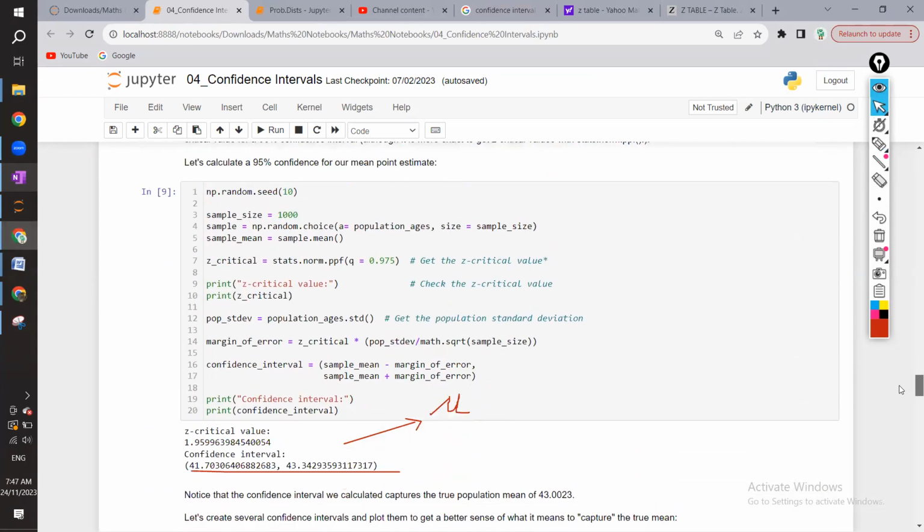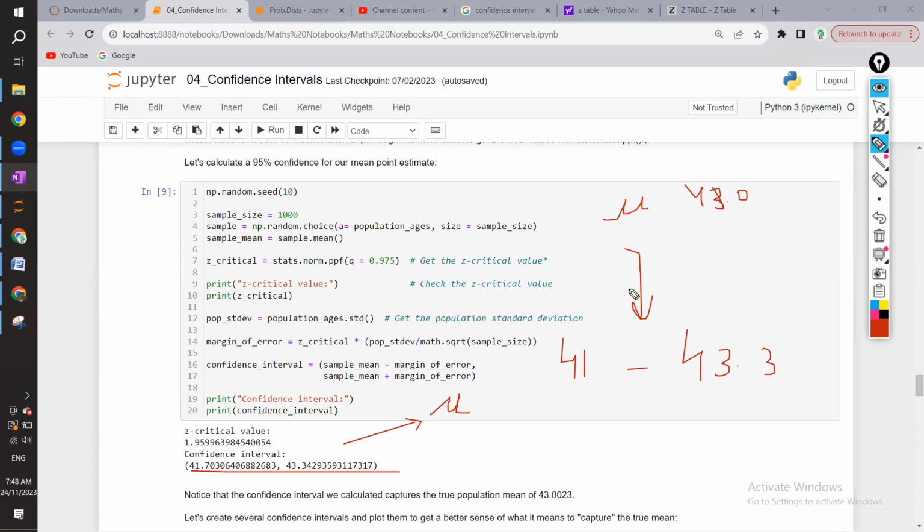And if you see over here, this is a range, from 41. So from 41 to 43, somewhere 43.3, somewhere this 43.0 will be captured. The true population mu 43.0 will be captured, and that is happening.